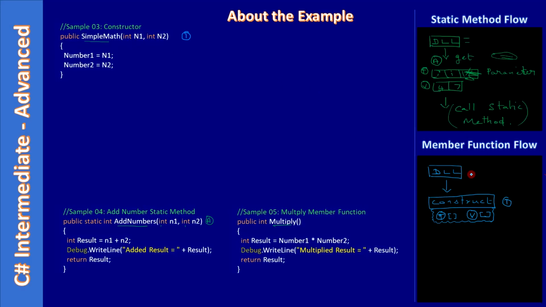From the DLL, as usual, we will search for the type simple math. Once you have simple math in hand, then you will construct it by passing the parameters to the constructor. After the construction, once again you will retrieve the method info. This time the method info will be multiply.